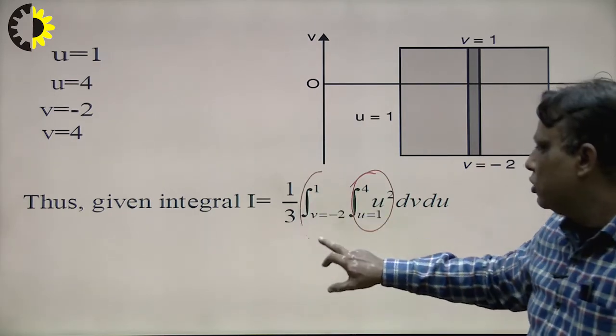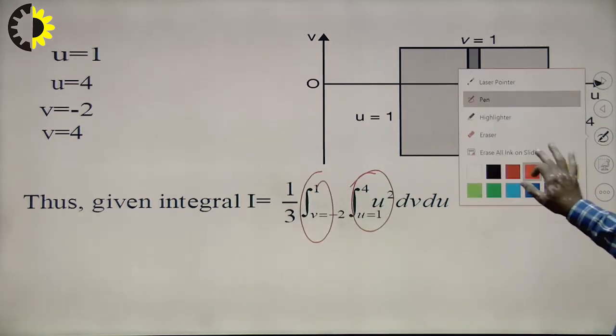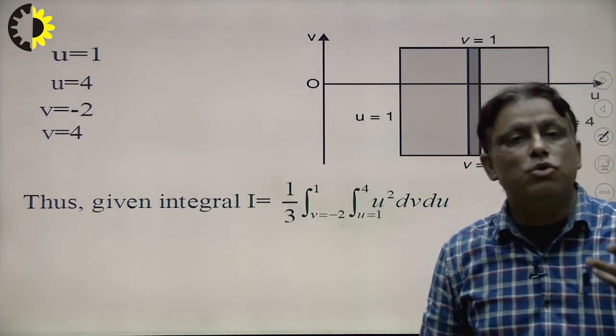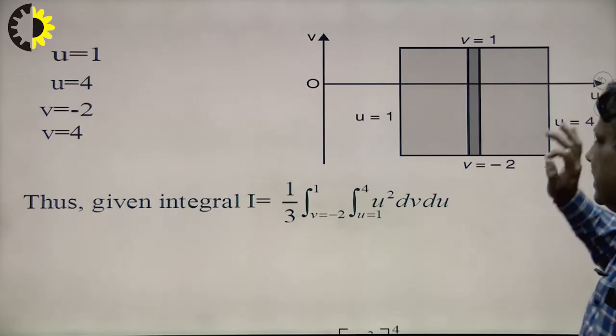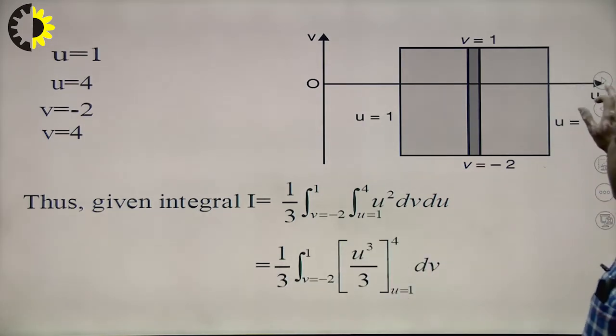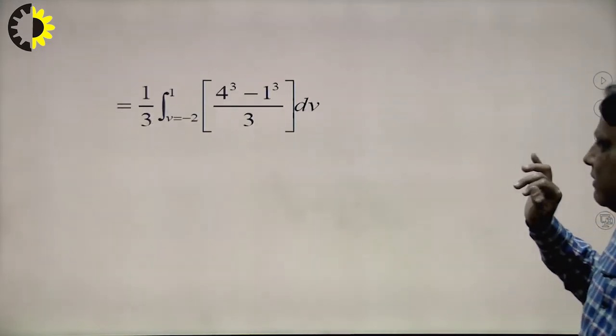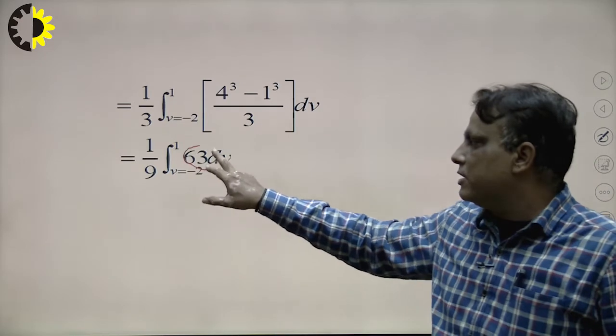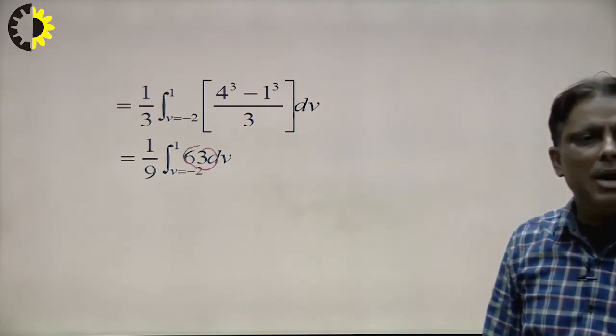First I integrate with respect to u, so the integration of u square will be u cube by 3, upper limit minus lower limit, and I evaluate the result. The result here is 63, and the integration of dv will be v, upper limit minus lower limit.